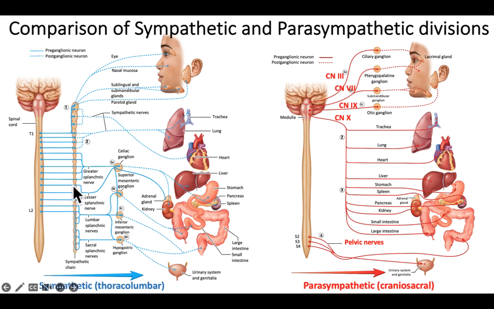That's this big chain here. So it might go through the chain, or it might go to these other ganglia. And that, again, is where it synapses with the postganglionics. And then those end up going to the organs, either respiratory tract, maybe we're going to the heart or liver or stomach, kidneys, or bladder.